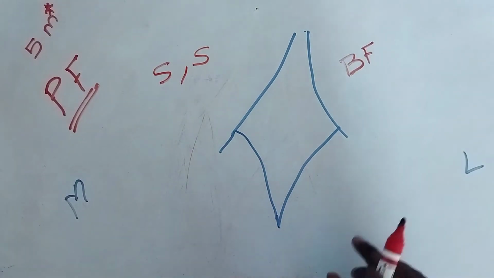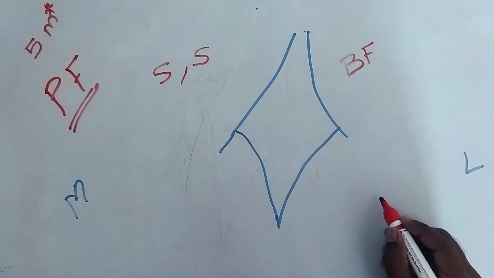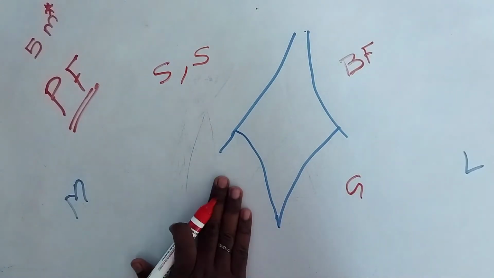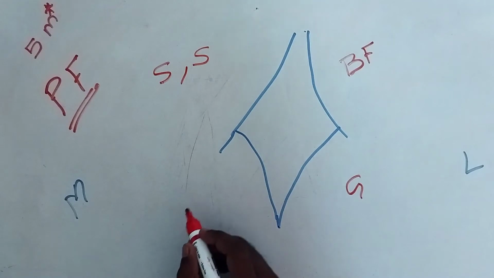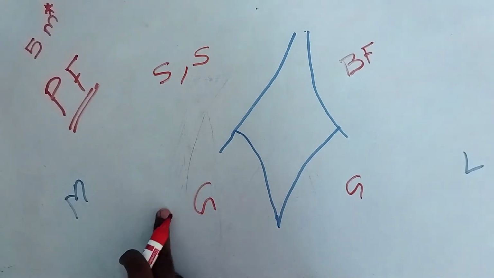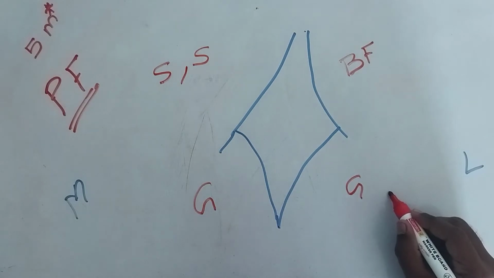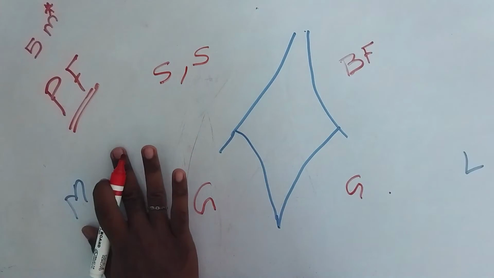Next, at the inferolateral side, we can see the lateral head of gastrocnemius supplemented by the plantaris muscle. At the inferomedial side we can see the medial head of gastrocnemius. Here is the medial head and here is the lateral head of gastrocnemius.